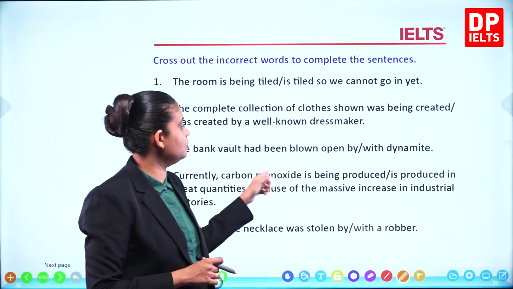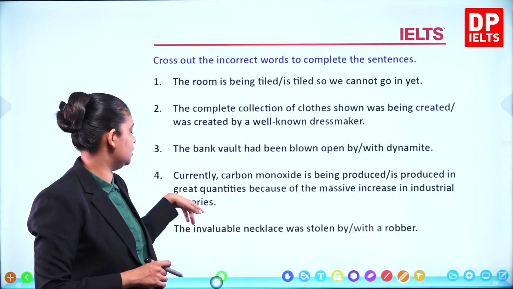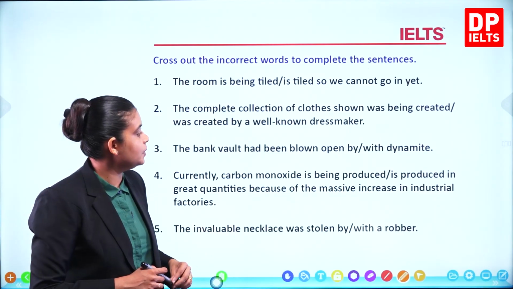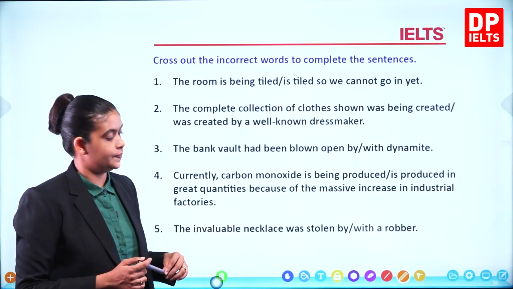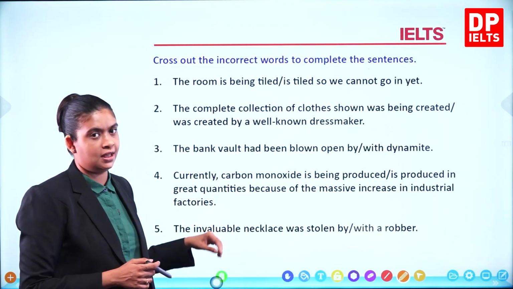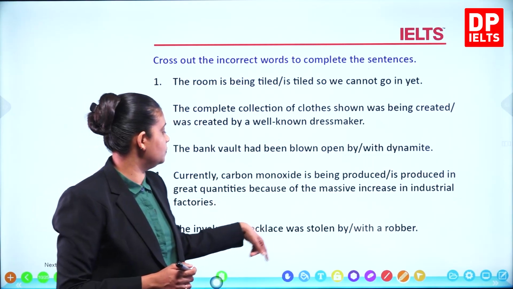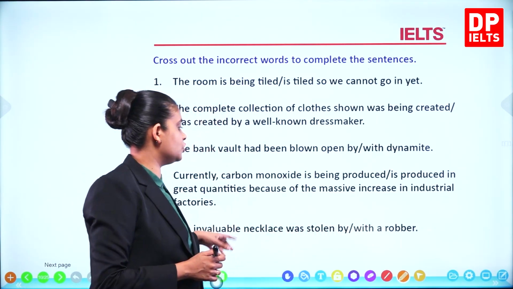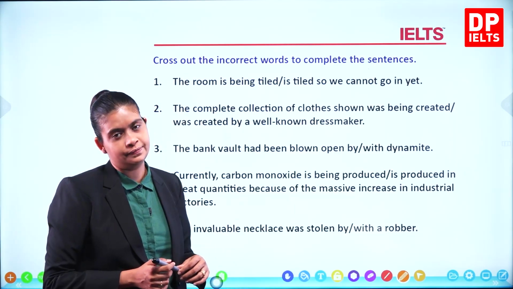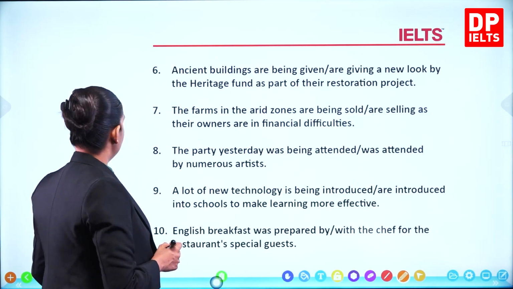Currently, carbon monoxide is produced in great quantities because of the massive increase in industrial factories. Don't say factories, okay, it's factories. The invaluable necklace was stolen by a robber or was stolen with a robber. Okay. Next one.